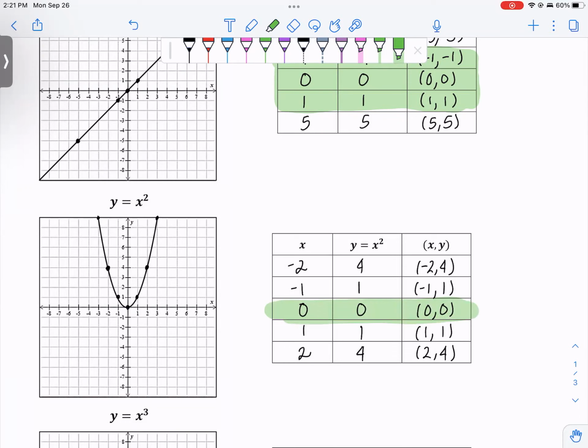We'll be talking more about quadratics in a tiny bit, but for the base quadratic, this is a quadratic function, and the shape is a parabola.